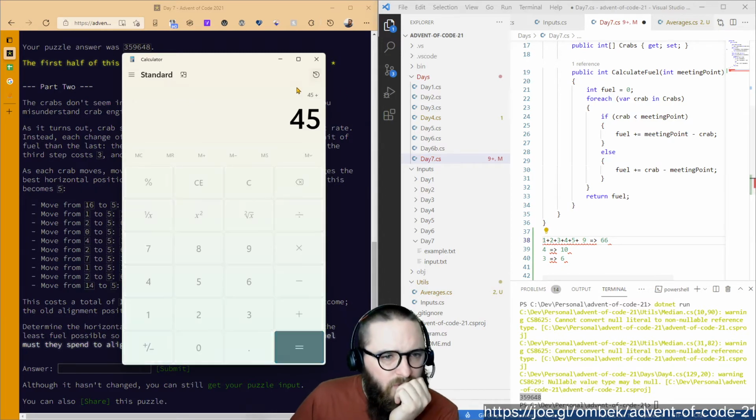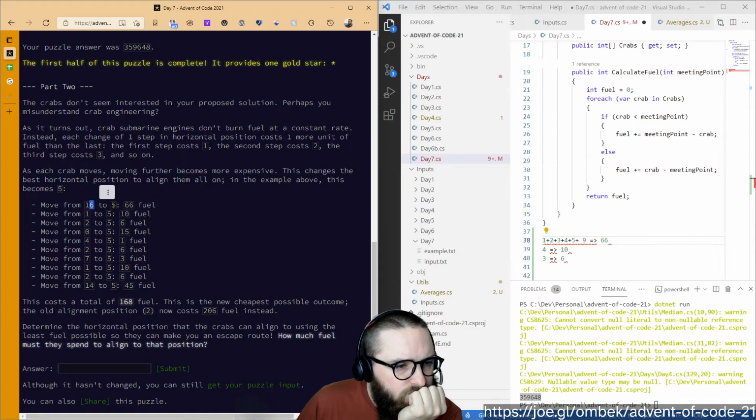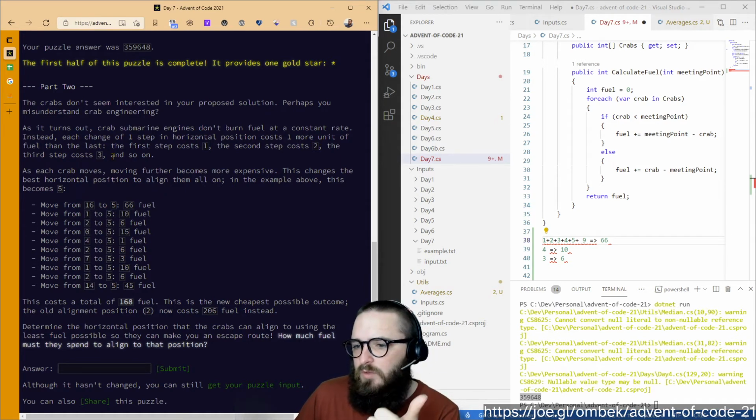Why is it 66? It's moving 9 spaces. It's doing 1 plus 2 plus 3 plus 4 plus 5 plus 6 plus 7 plus 8 plus 9. Right, because it's moving 9 spaces.